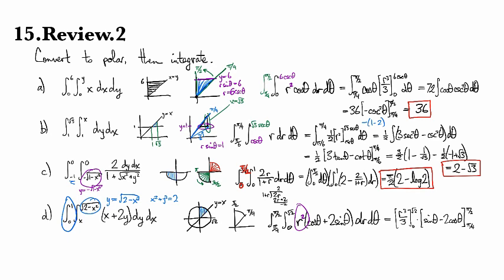Then that first integral with the r cubed is going to be 2 root 2 over 3, and at the bottom it's going to die, when we put 0 in for r.